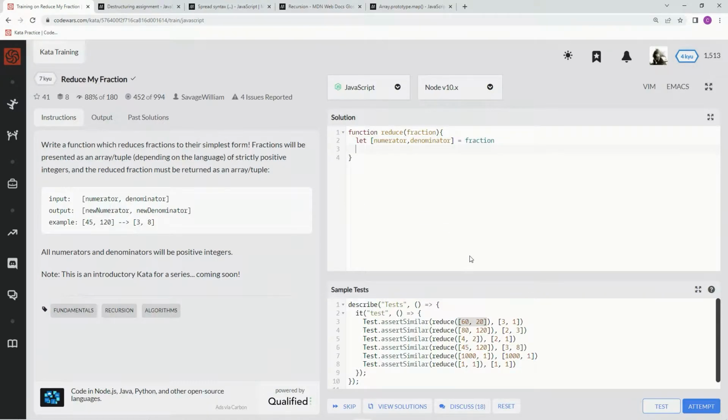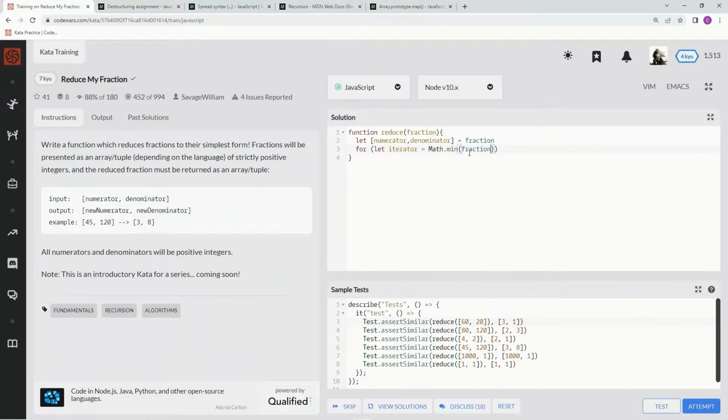So now we're going to do a loop. We're going to iterate backwards from the minimum of the two numbers, and we're just going to look for the greatest common factor that way. So we're going to say for, and let iterator equal the minimum of these two, so Math.min of fraction.